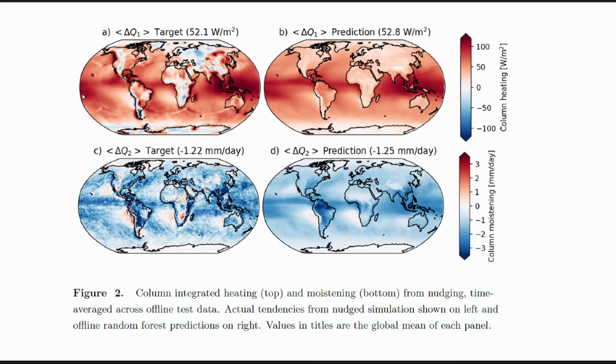And generally negative moistening, that is an increase of precipitation and a drying out of the atmosphere, as it should be. So the idea is that not in any coupled model run, but just taking the model atmosphere state, the random forest tells you, should I be moistening or drying the air to make this look more like observational data? And it does a pretty decent job.